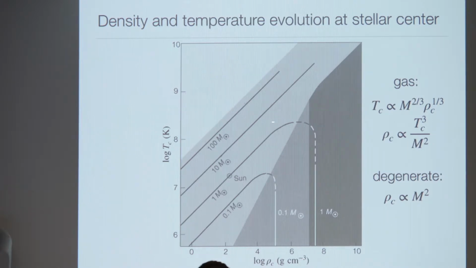But as the effect of the gas pressure decreases, it deviates from the line you are supposed to climb with the ideal gas pressure, and then it goes to the case of degenerate pressure. In the case of non-relativistic degenerate pressure, we saw in the previous lecture that the central density is proportional to mass.